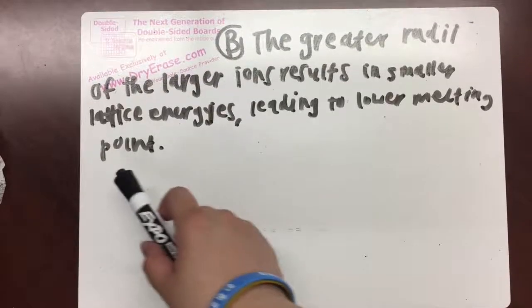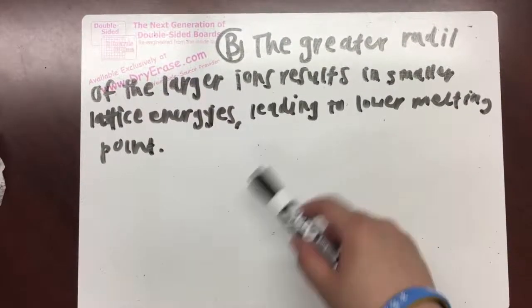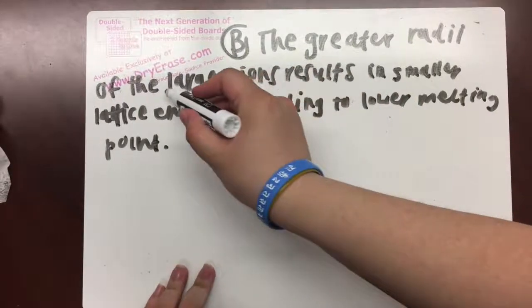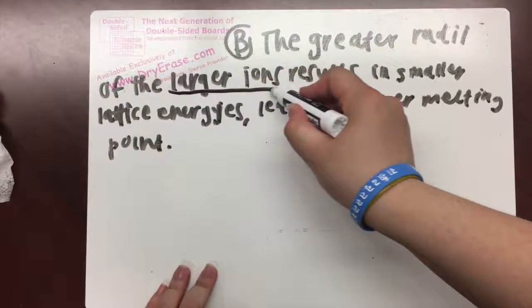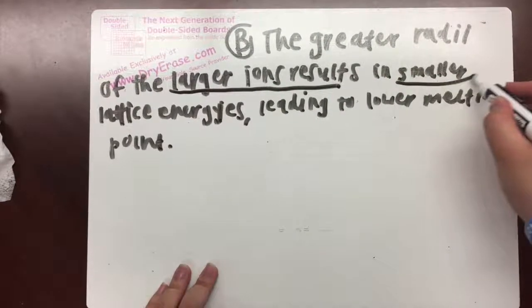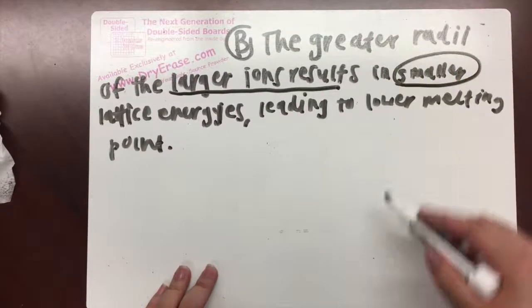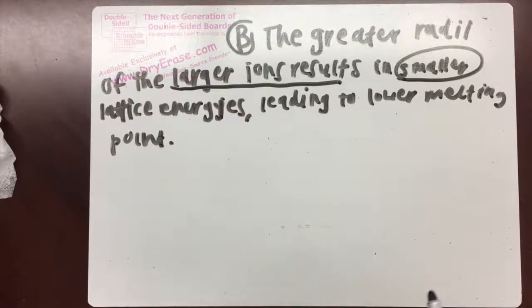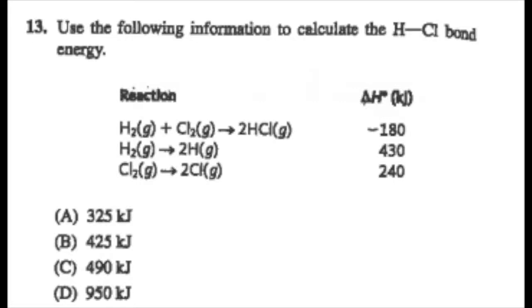Lithium is in the first group and it has the smallest radius. Since lattice energy is decreasing from left to right, lithium fluoride has the greatest lattice energy, which leads to the greatest melting point.